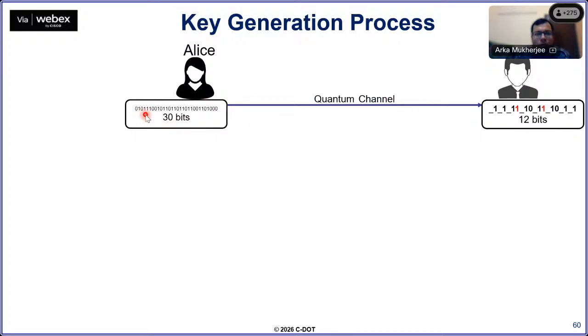For coherent one way, they will be encoded in time bins, early or late. And for differential phase shift, they will be encoded in phases like 0 and pi. So if there is 0, there will be 0 phase. For 1, there will be pi phase, like that. Depending on the protocol, only the encoding part will change, and similarly the decoding part will change, but the remaining steps will remain more or less the same.